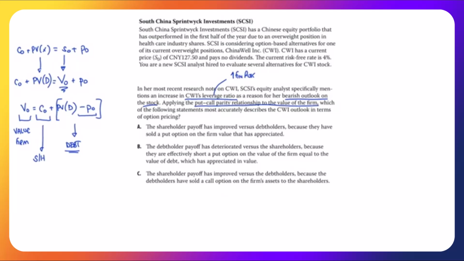Now, what's happening as leverage goes up, financial risk goes up, the likelihood of being insolvent or becoming insolvent increases. That will increase the value of this put option.